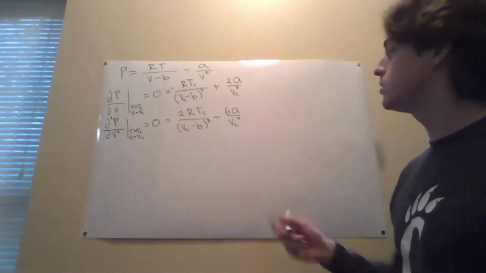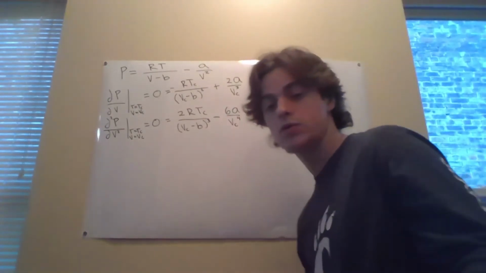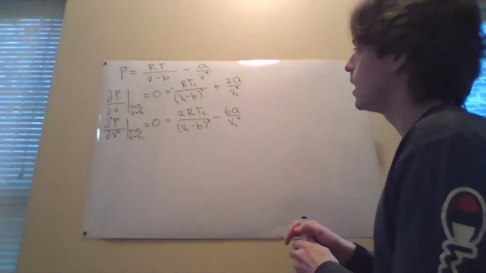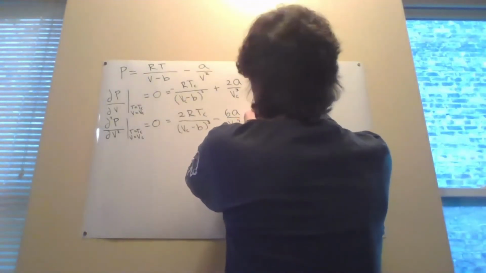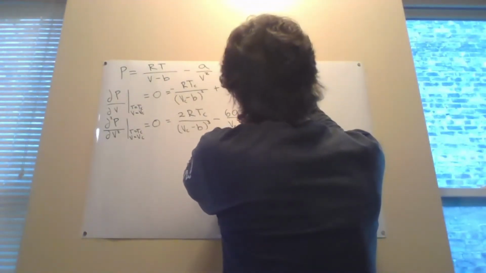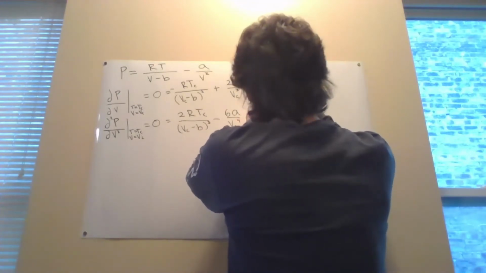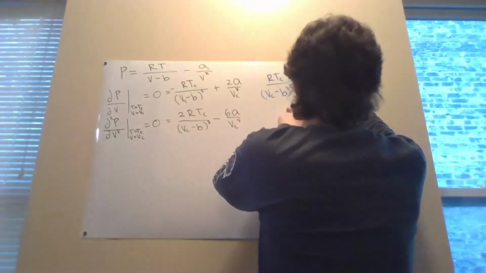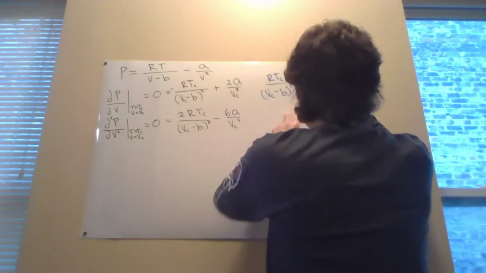Now we're going to use these two equations to calculate our two unknowns. I'm going to switch colors and rewrite these equations up here. So now we'll have R TC over (critical volume minus B) squared equal to 2A over the critical volume cubed.